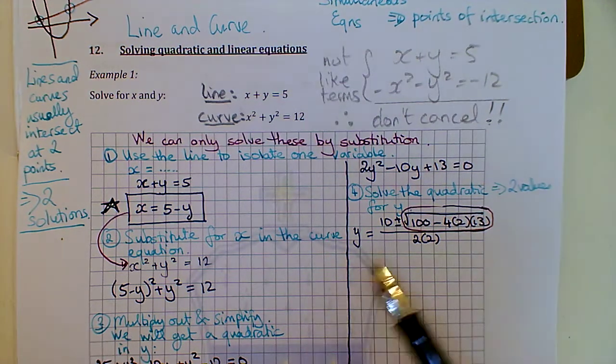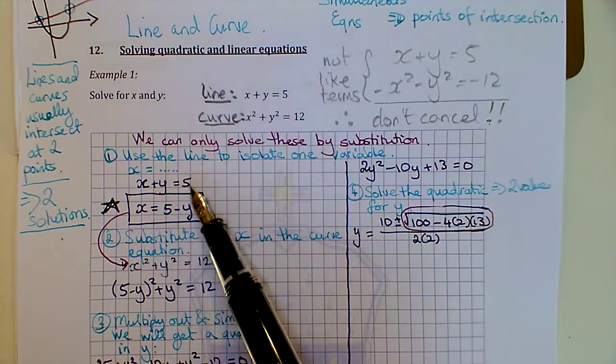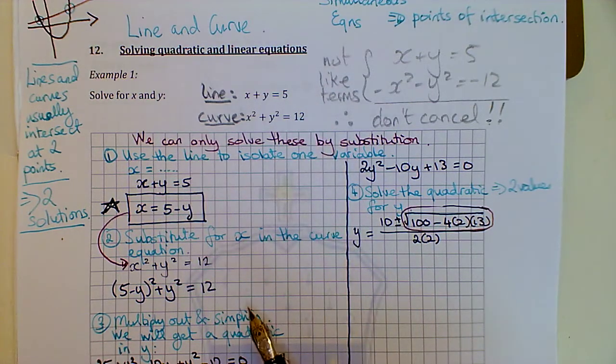So let me just double check my substitution here. 5 minus y, plus y squared equals 12. 25 plus y squared minus y by 5 is minus 10, plus y squared minus 12.